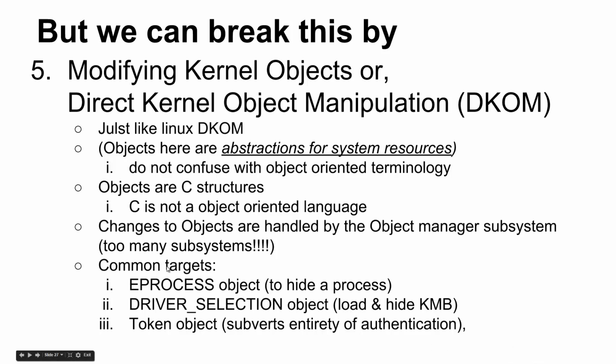Here there are very common targets: the EPROCESS object, which is targeted to hide processes; the driver object to load and hide a kernel mode driver. That should be KMD, sorry. Token objects, which are used for authentication, and so on.